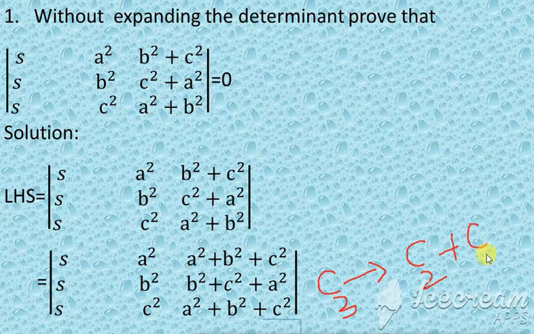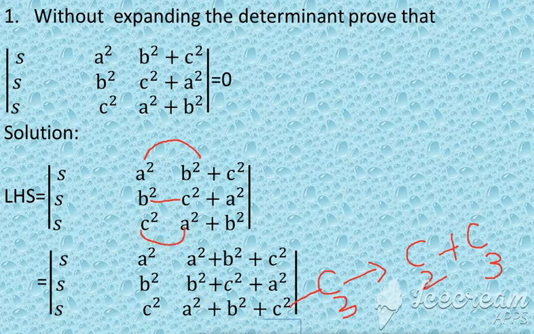So what you will get here: C2 value what? B square plus C square, and C2 value what? A square. So I have written here A square plus B square plus C square. Next I am going to add this: B square plus C square plus A square. Next I am going to add this: A square plus B square plus C square.